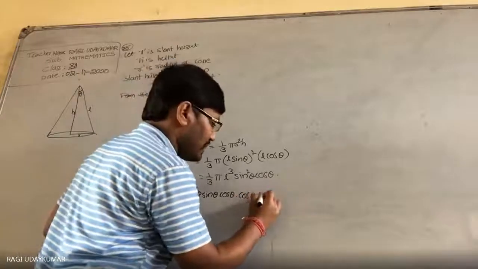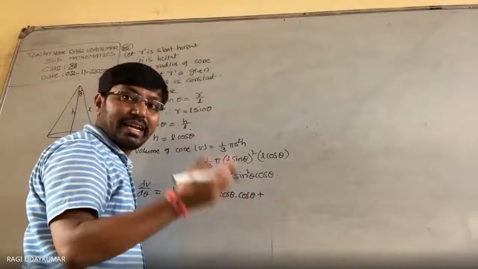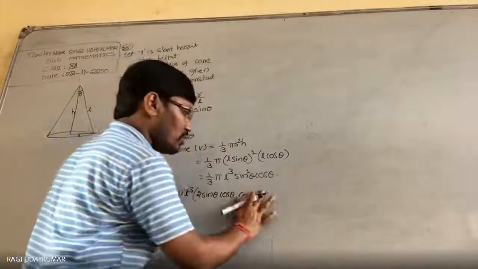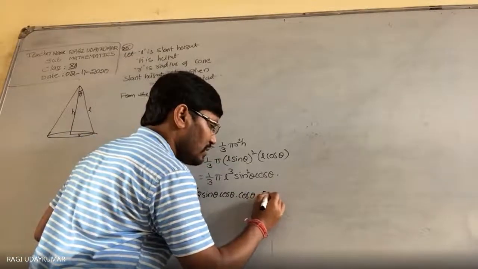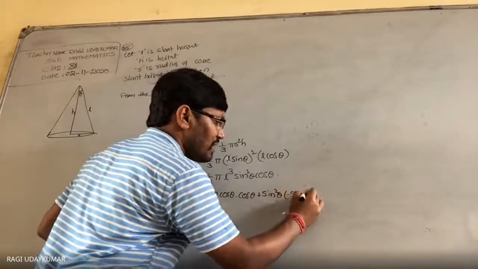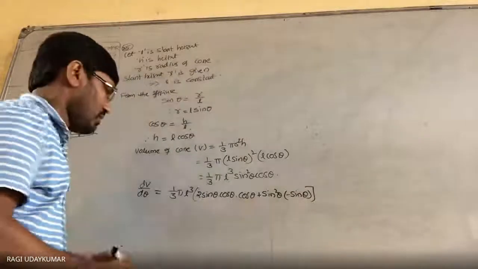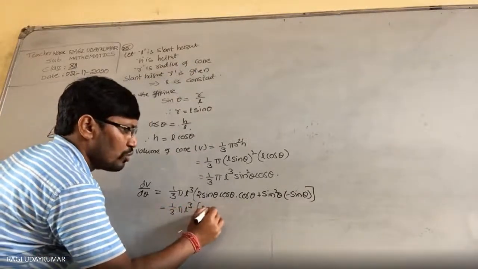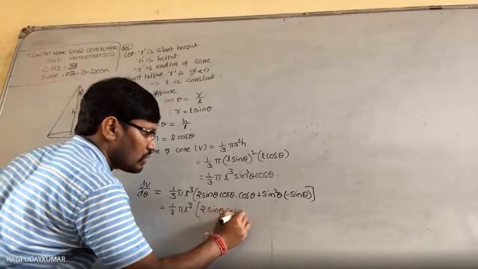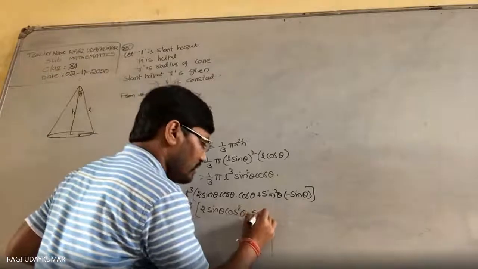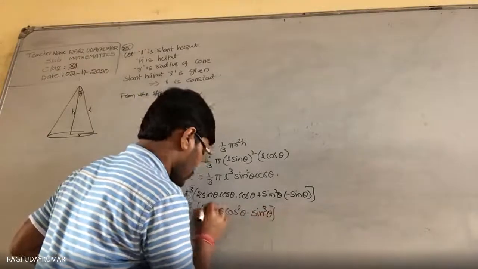Next plus, differentiation of cos theta is minus sin theta, so minus sin square theta times sin theta. One step is increasing, doesn't matter. So which is equal to 1 by 3 pi L cube, 2 sin theta cos square theta minus sin cube theta.